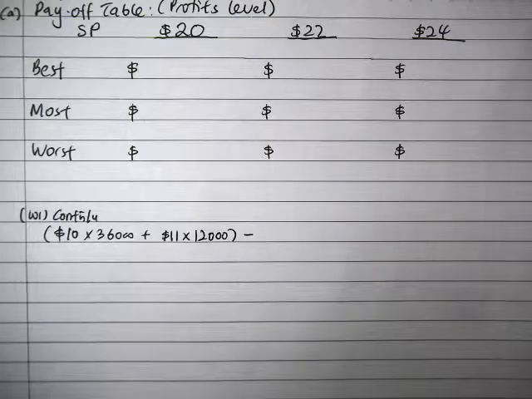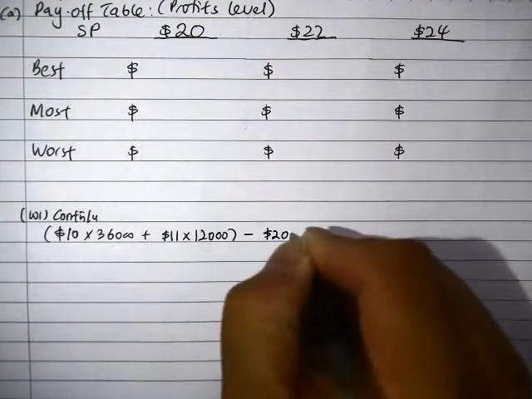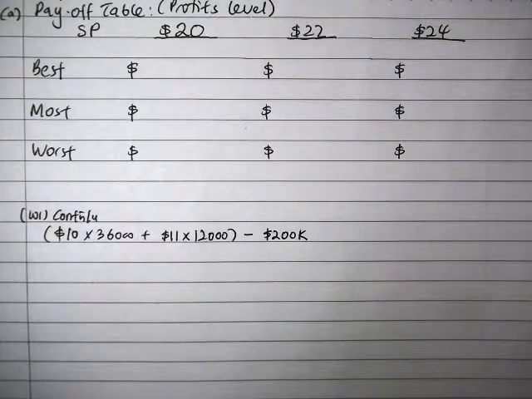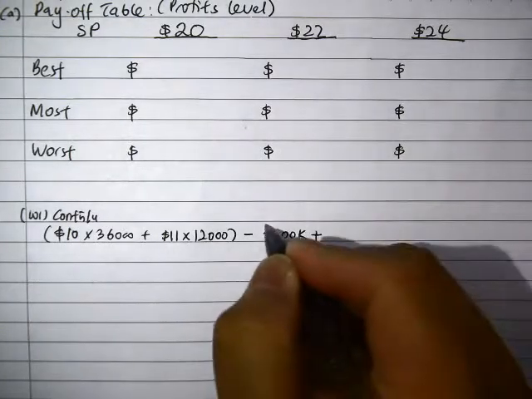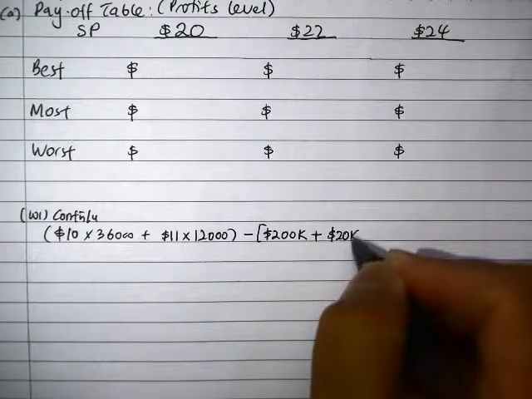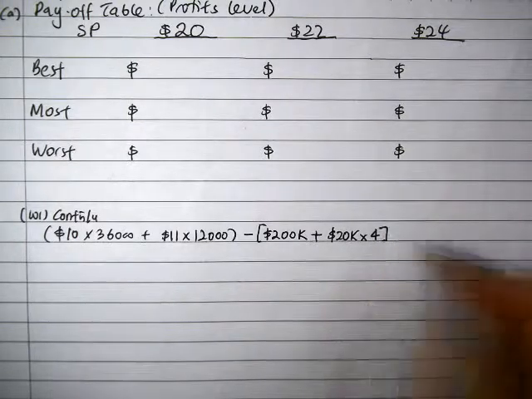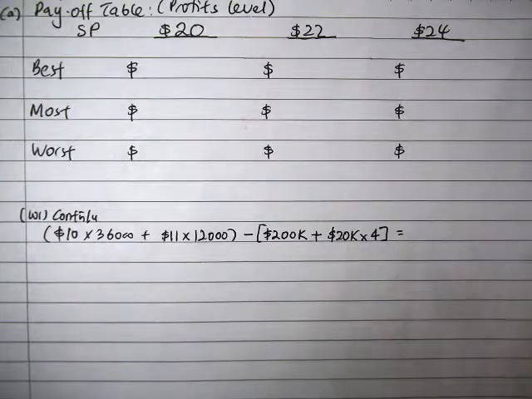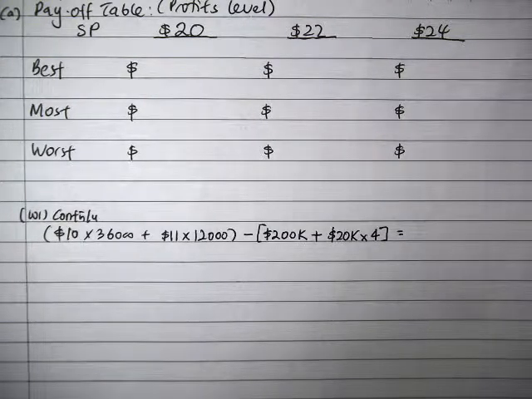Now fixed cost is 200, but for every extra 2,000, fixed cost increases by 20. So you must take the 200 plus 20,000 times how many times? 4 times. So you will have a profit of $2,000.